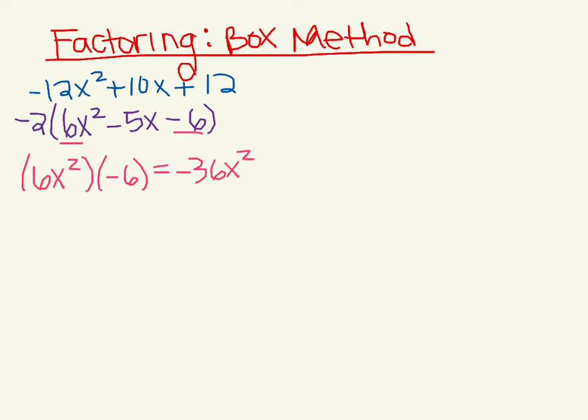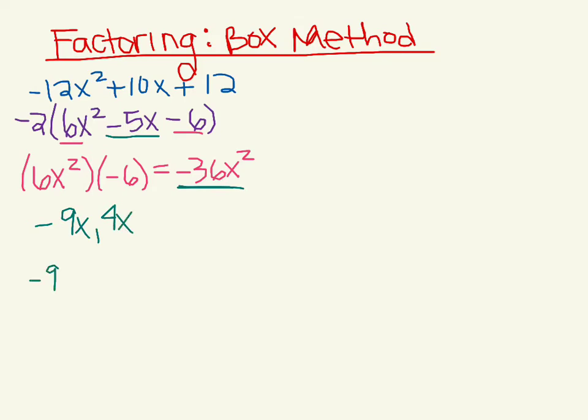Then I ask, what two terms, when multiplied together, multiply to negative 36x squared, but add to negative 5x? That turns out to be, well, we know 4 times 9 is 36, and we want negative 5x, so we're going to be looking at negative 9x and positive 4x.